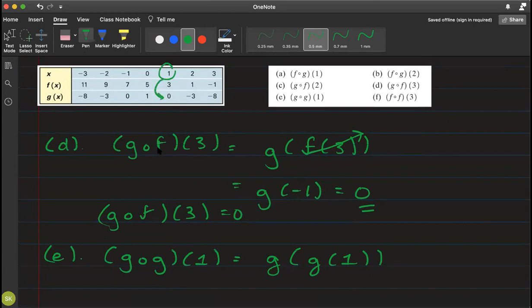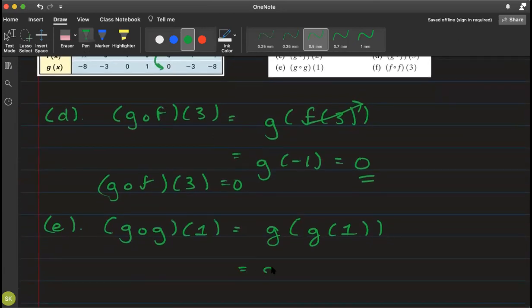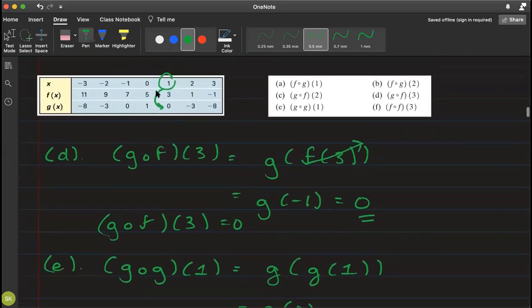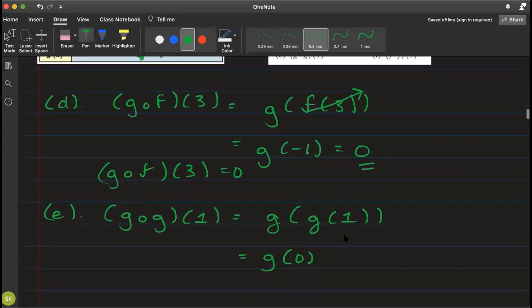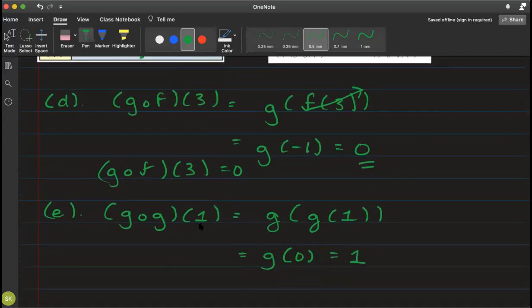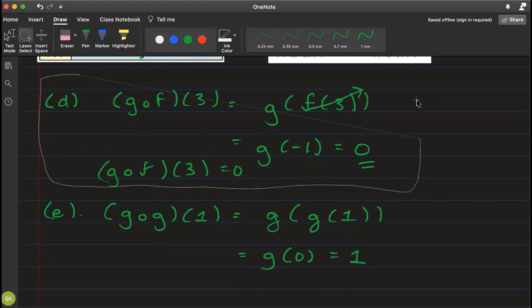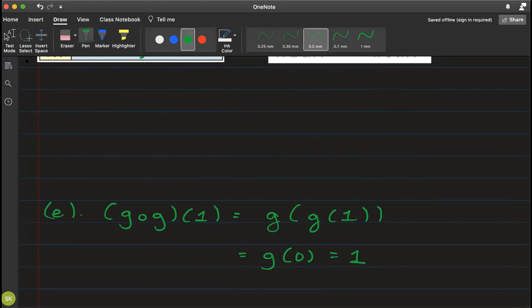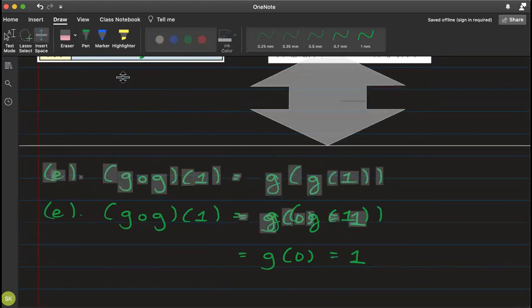G sends it to 0. So this is equal to G of 0. And then we find 0 and see where G sends that, which is 1. Now, it just so happened that we ended up getting the same number here, but that's not always the case. Okay, so we need to keep that in mind. Let's see what happens when we do part F.